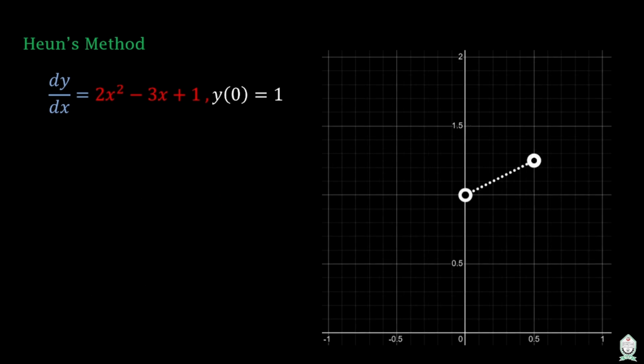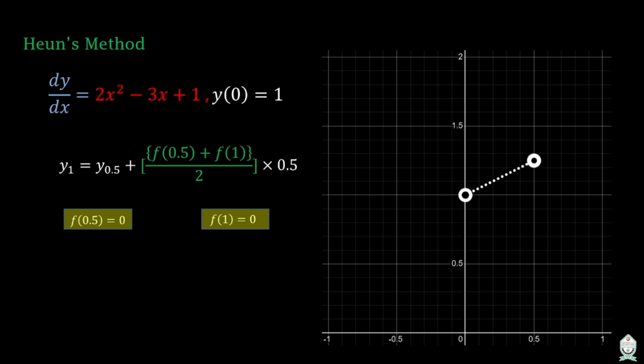In a similar fashion, now we are interested in calculating the value of y at x equals 1. Here we will need the value of slope at x equals 0.5 and the value of slope at x equals 1, which we can see here both have come out to be 0. So the value of y at x equals 1 will remain unchanged.